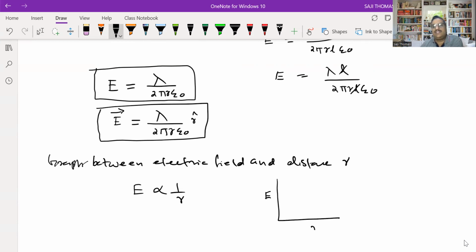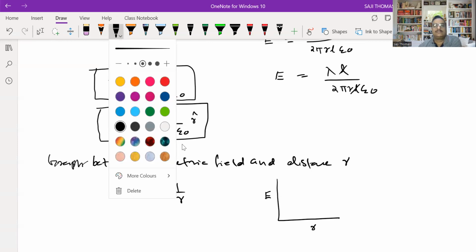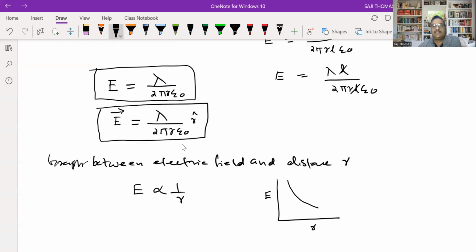If E is inversely proportional to R, the graph shape is like this. The electric field is decreasing with the distance. So the graph is like this.